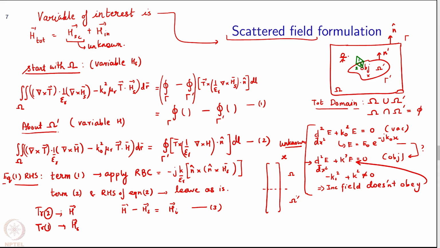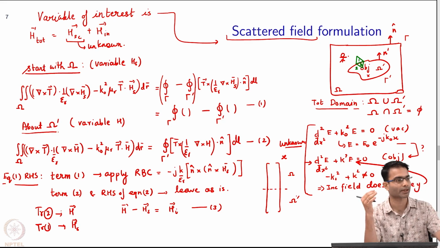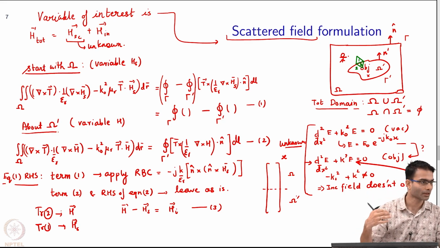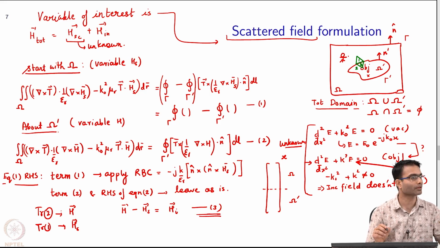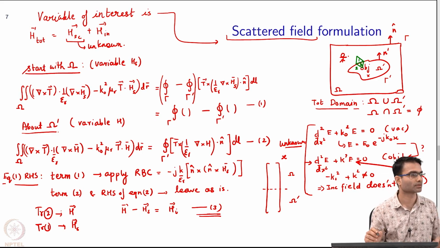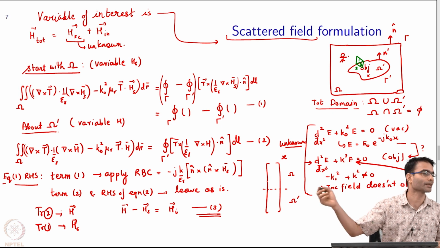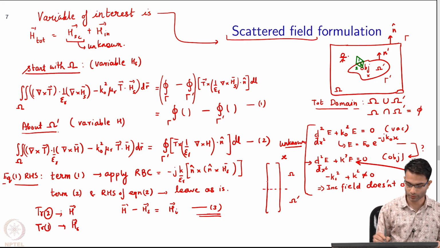To keep it very simple, we will do a double counting. We will count these edges 2 times, and we will say that the variables are different. In one case it is scattered field, in one case it is incident field. But I can use this equation 3 to get one more set of equations only for the interface edges, and that is where the right hand side term will become non-zero. I will get an incident field from this equation, Hi.